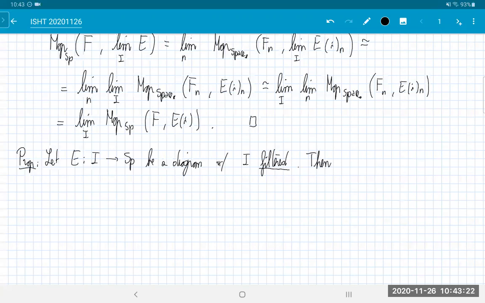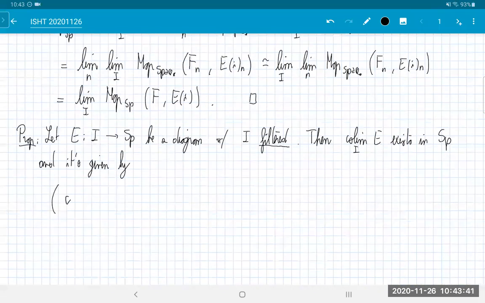Then colim I E exists in spectra, and it's given by colim I E_I n with the maps delta n.